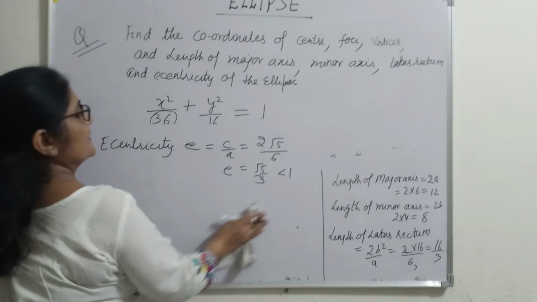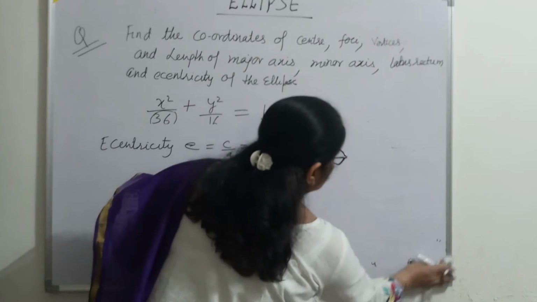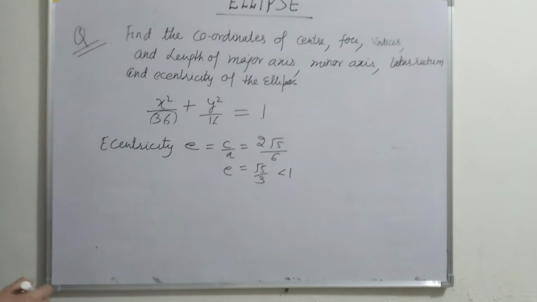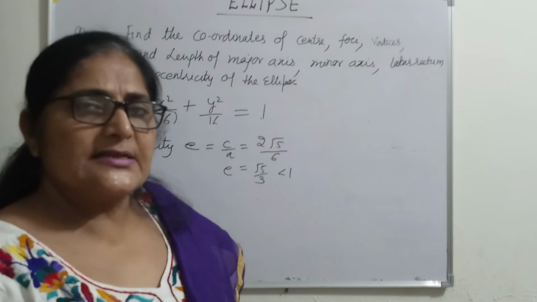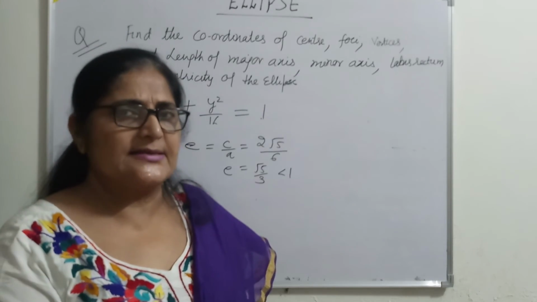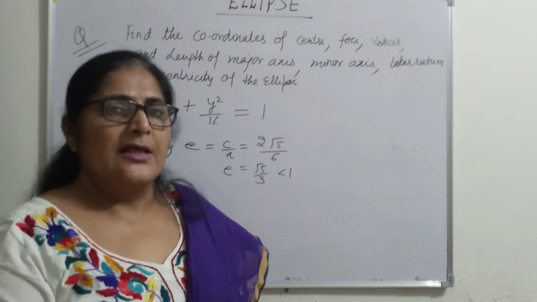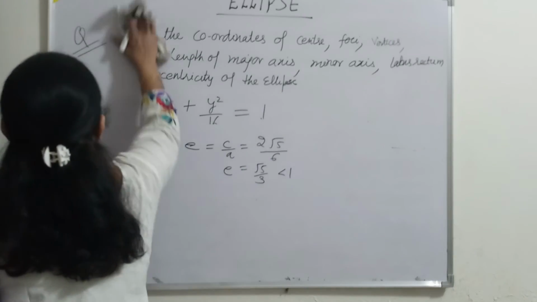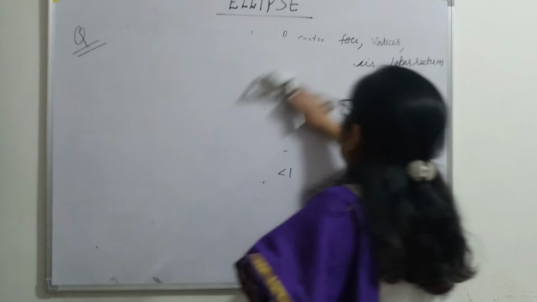Now we will take one more type of problem. When the vertices and length of major axis or minor axis, or vertices and foci are given, such types of problems we can solve and find the equation of the ellipse.